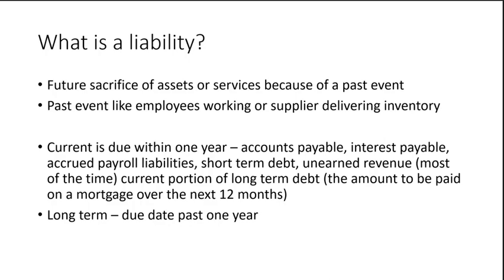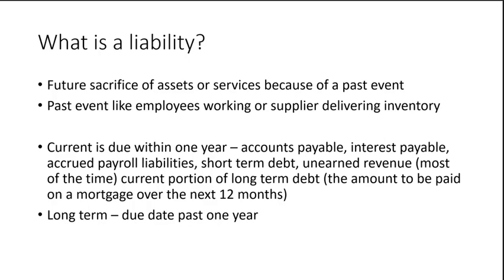So there could have been a lawsuit. There could have been a finding of a leak underneath our building or something. Some of those we may not know what the ultimate amount will be, okay? But as long as we can estimate that, then we may have to record a liability. But just a possibility does not count.